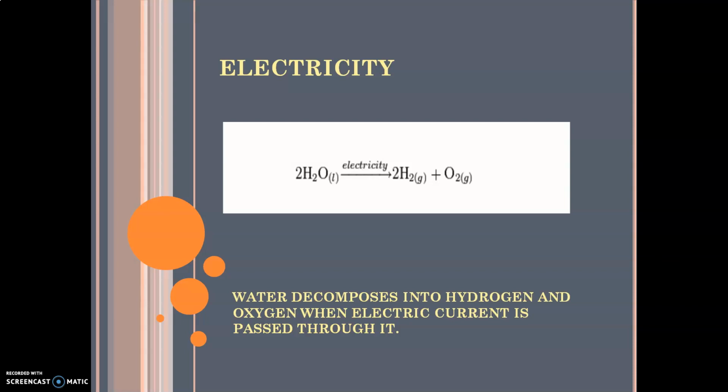Clear? Now you know very well that pure water is a bad conductor of electricity. So to make it go faster, you need to add a small amount of acid, salt or anything to conduct electricity.